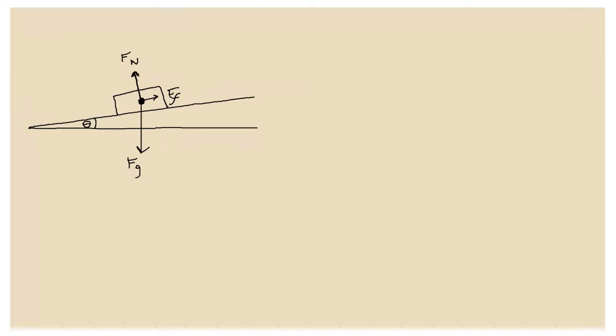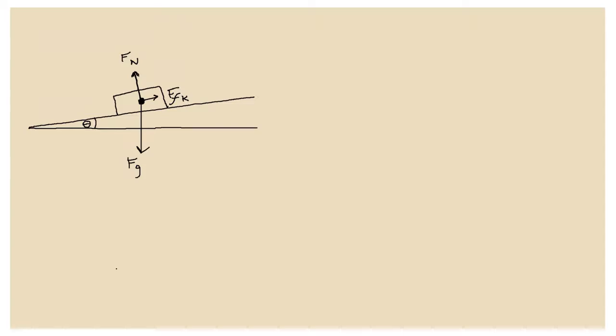And since the coefficient of friction is a number which is generally smaller than 1, if you're taking a number that's smaller than 1 and multiplying it by the normal force, then you should obviously get a number for the force of friction that is smaller than the normal force. And just to finish this up here, because the object is sliding down the ramp, this force of friction is definitely kinetic friction. And so we'll label it with the appropriate subscript K.